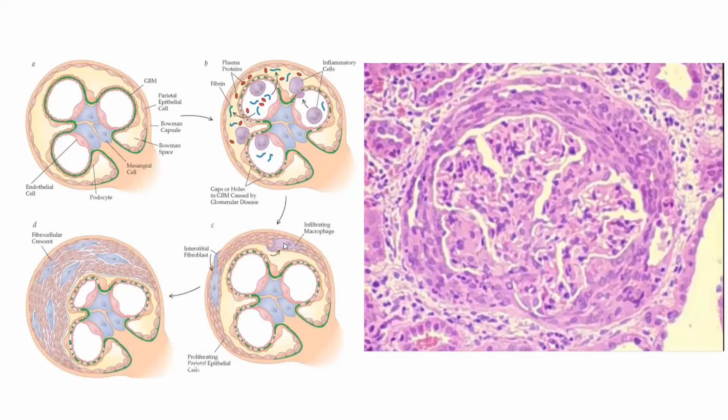And those cells are going to start proliferating, as you can see. And those cells are going to fill up this urinary space. And you are going to end up with this structure called crescents. And if you do a biopsy, this is what you are going to see. You are going to see these crescents. And the diagnosis is going to be a crescentic glomerulonephritis.